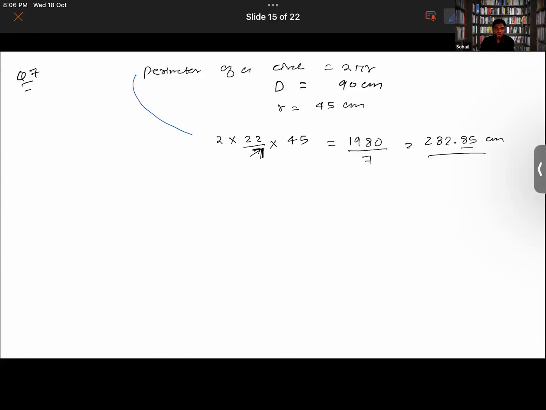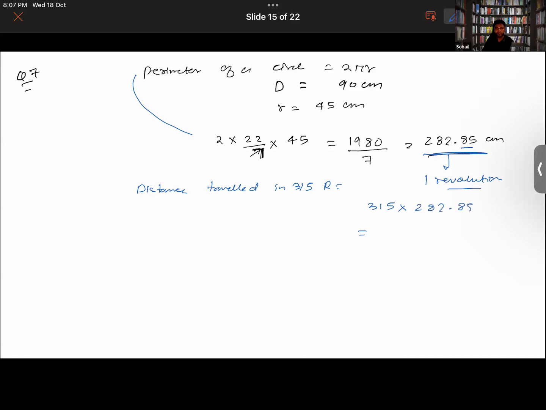Now distance that will be traveled. This much of distance is traveled in one revolution. एक revolution में इतनी distance travel कर रही है. So distance traveled in 315 revolutions will be, we can simply multiply 315 by 282.85.